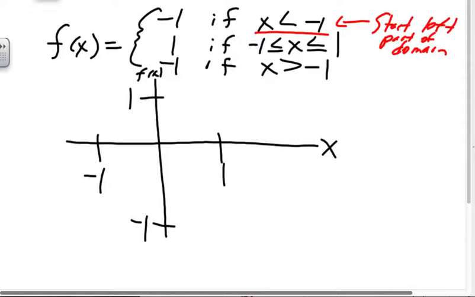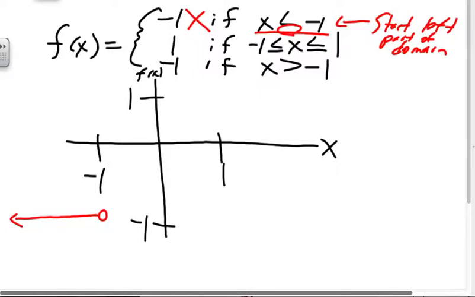So if x is less than -1, I'm going to be -1. But I don't include it. So that will look like this. And the circle is open because I do not have the equal sign down here. So anytime my x is less than -1, which is over here, my f of x is going to be a -1. All right, so that's done.